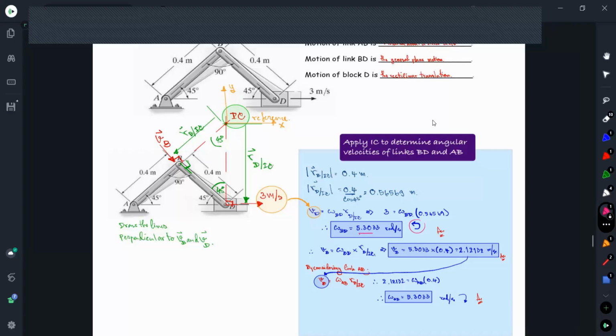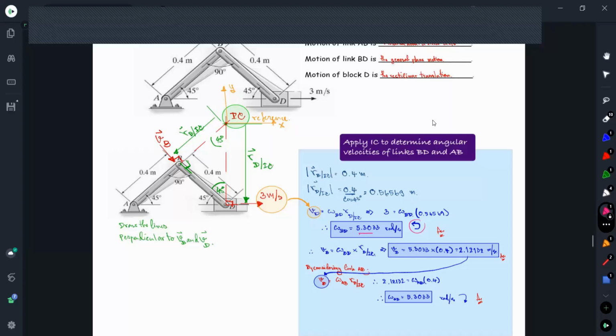When we found that omega BD is equal to 5.3, we take the cross product with r B/IC, but now it is a scalar equation, VB equals omega BD multiplied by the arm r B/IC, which is 0.4, and it becomes 2.12 meter per second.